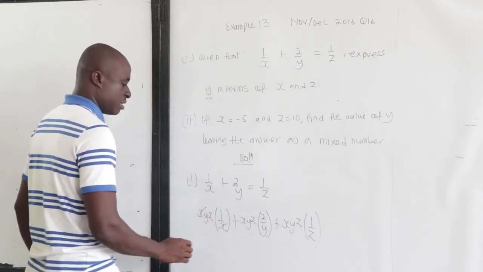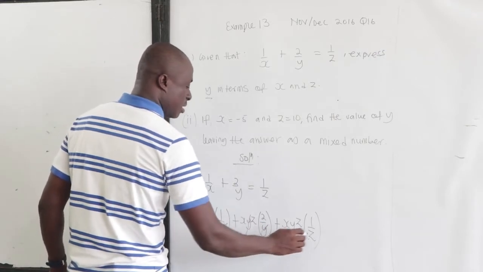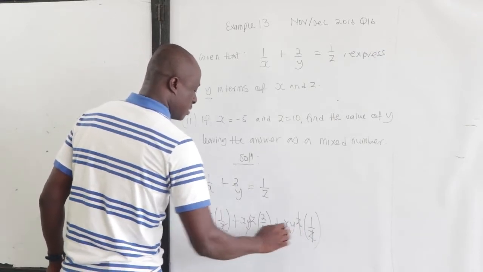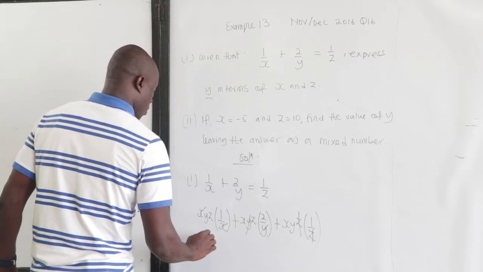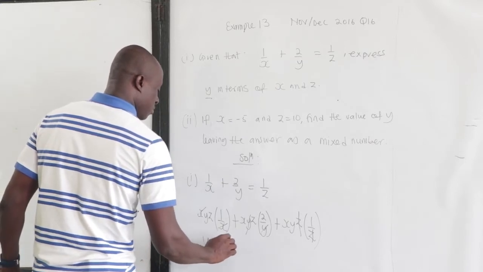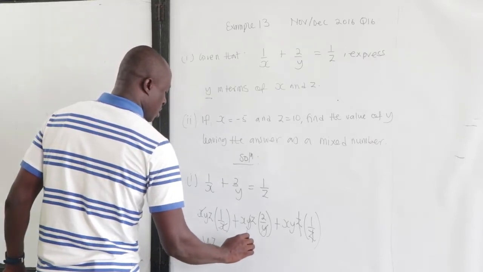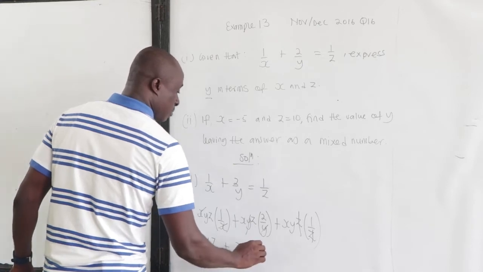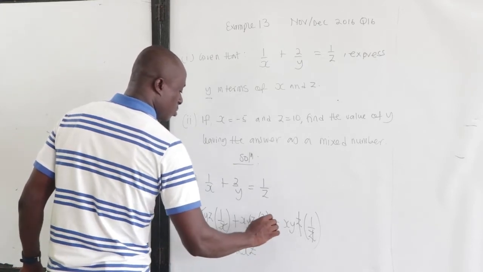Clearly, this x cancels another x, this y cancels another y, this z cancels another z. So what do you have? yz plus 2xz equal to xy.